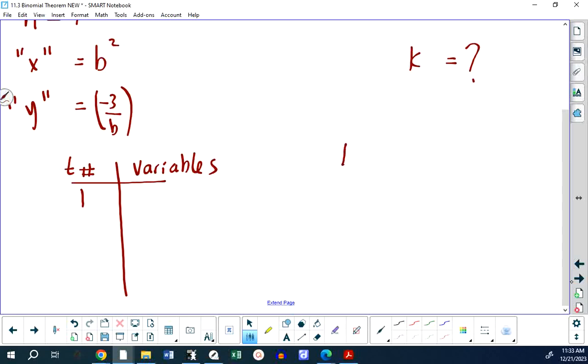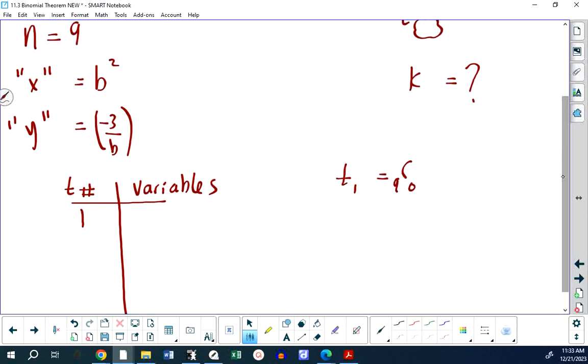Well, we know that term 1, and this is kind of scrap work over here, but if it's a written response, it's not scrap, is going to be 9 choose 0, b squared to the 9, negative 3 over b to the 0. My question to you is, how many b's will that have when I simplify that? It will have b to the 18. Do you see that? So the first term does not contain b cubed. Well, okay, it's not the first term, so k is not 0.